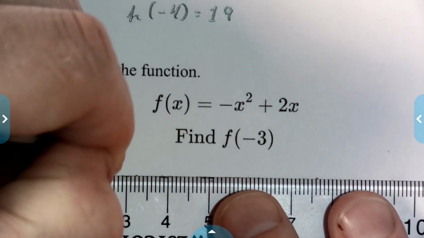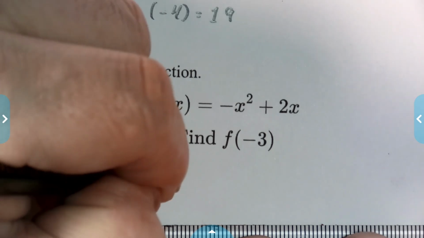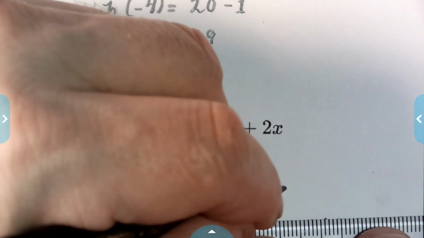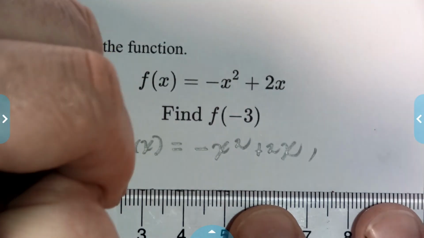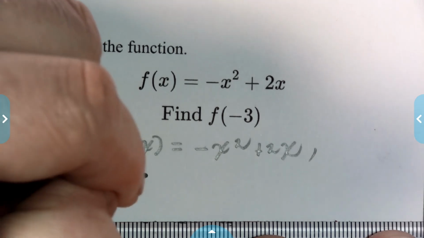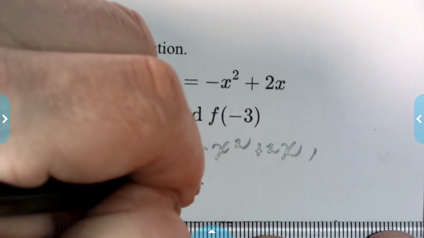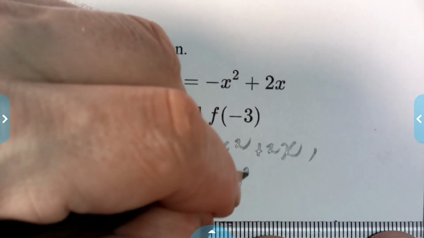We say if f of x equals negative x squared plus 2x, then f of negative 3 will equal, be careful here, negative 3 squared, okay, plus 2 times negative 3.